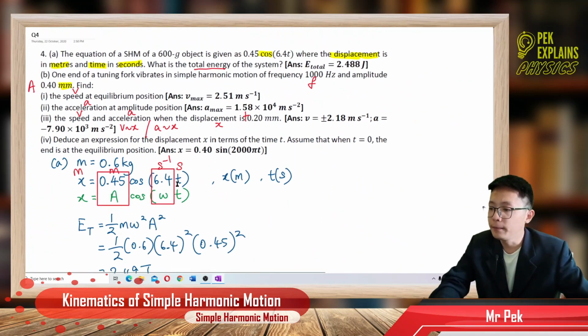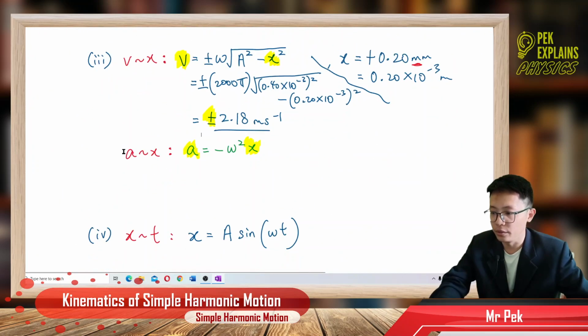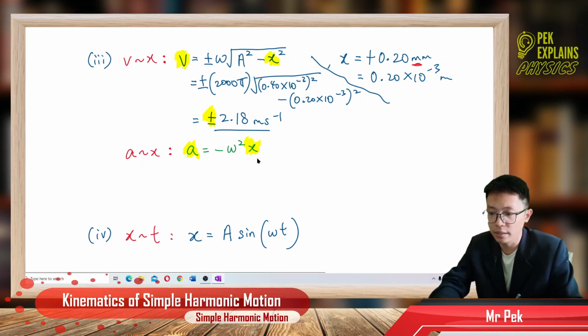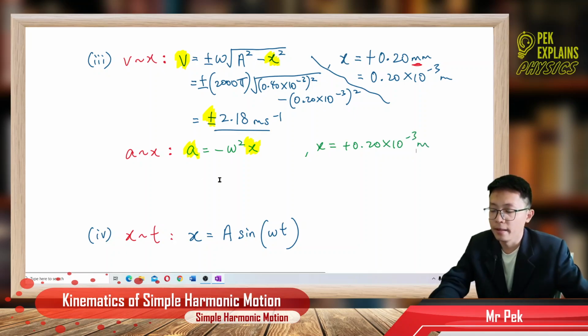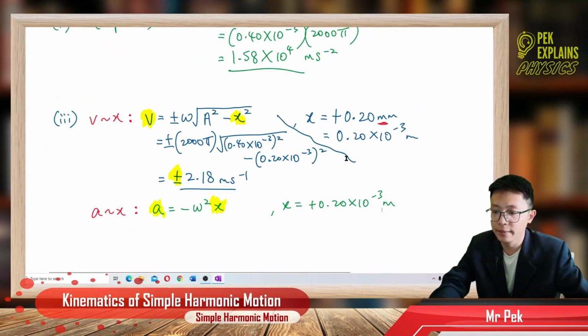Now, for acceleration with displacement, we use the a-x formula, which is a equal to negative omega square x. So the displacement just now is this one, positive 0.2 millimeter, changed to meter. Omega is just now 2000 pi.